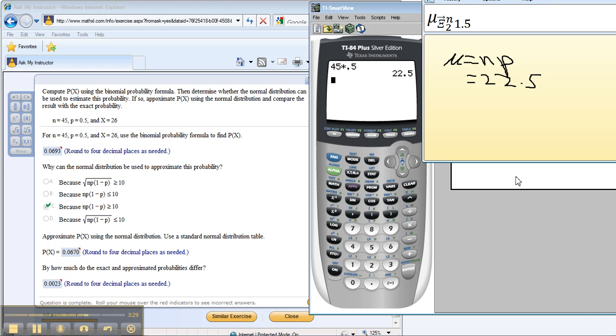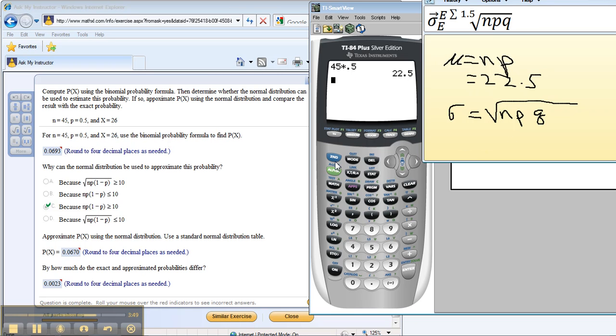Okay. The standard deviation is the square root of n times p times q. So we're going to take the square root of 45 times 0.5 times 0.5, parentheses.